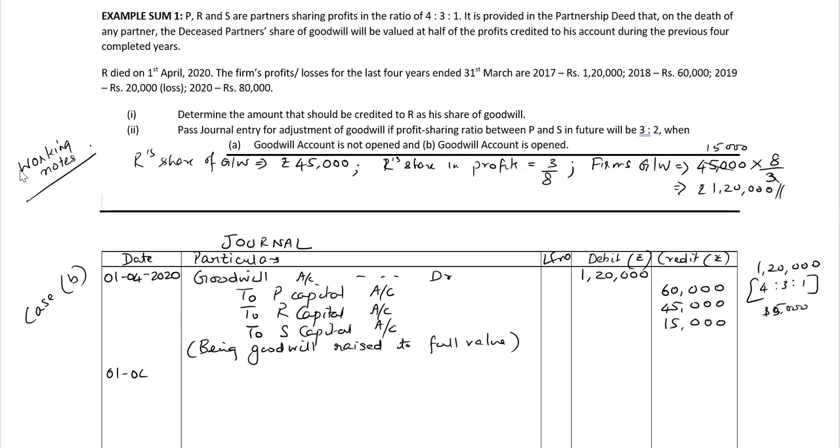The next journal entry, same date, we need to write off the goodwill among the continuing partners in their new profit sharing ratio. So it's P capital account debit, S capital account debit, to goodwill account.